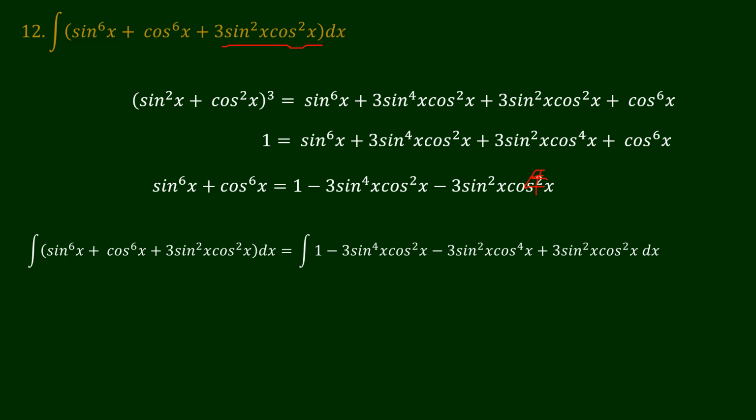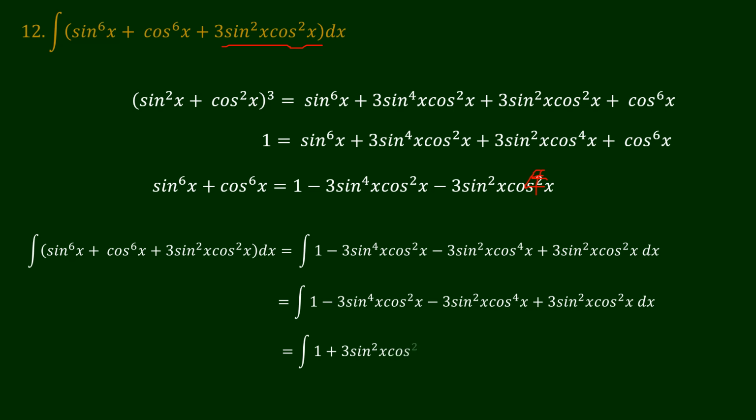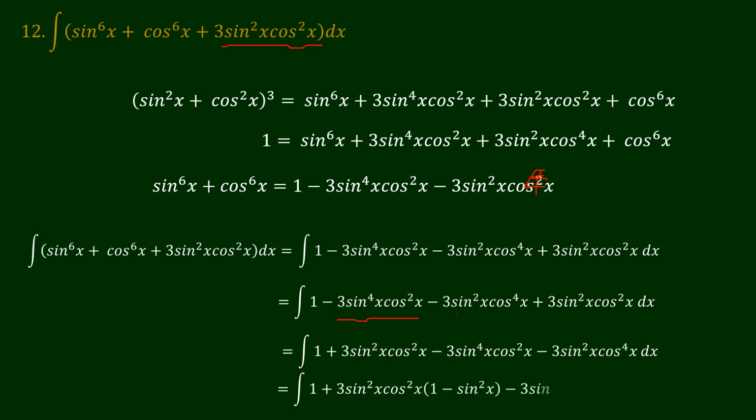Now, rearranging this around so that the positive comes here first, and also adding up with this term here, we can pull out 3 sine squared x cosine squared x, and so we are left in bracket with 1 minus sine squared x.